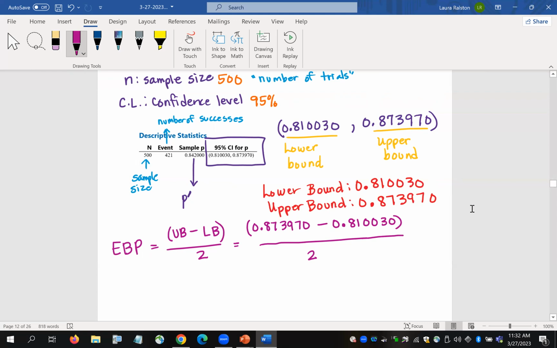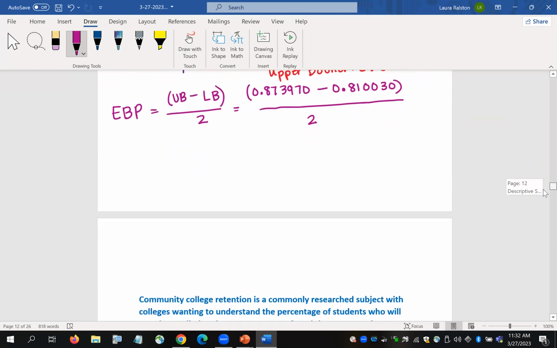Again, you have to follow order of operations. You will do the subtraction in the numerator first. So I have 0.873970 minus 0.810030.